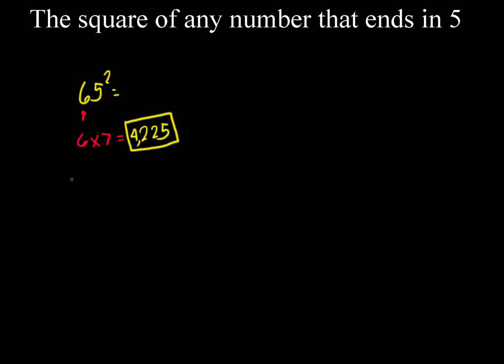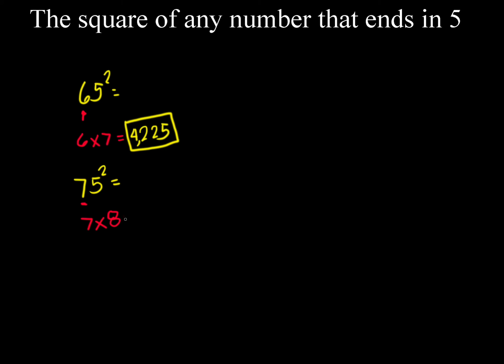Let's say we want to find the square of 75. So again, how do we do that? Let's take a look at the number before your 5. We now have 7, so we write down 7, and we multiply it by the number that we get when we add 1 to 7, and that would just be 8.